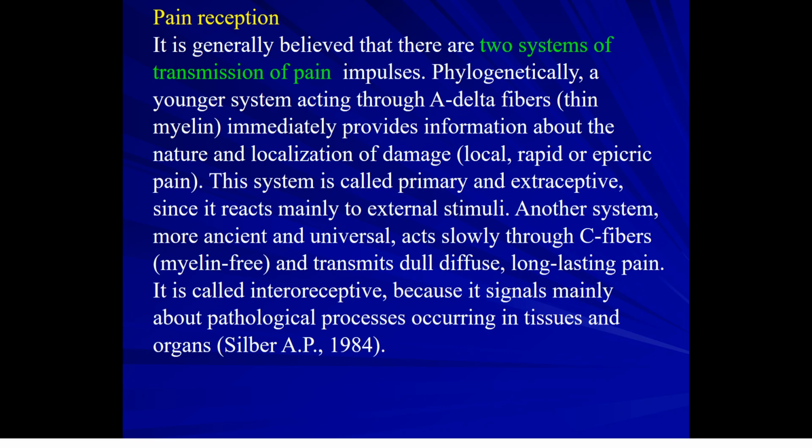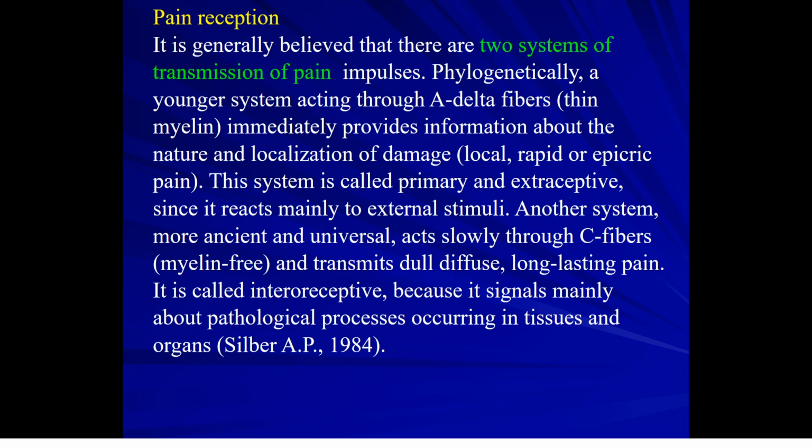Phylogenetically, a younger system acting through A-delta fibers immediately provides information about the nature and localization of damage: local, rapid, or epicritic pain. This system is called primary and exteroceptive since it reacts mainly to external stimuli.